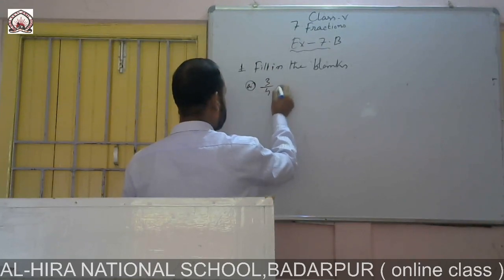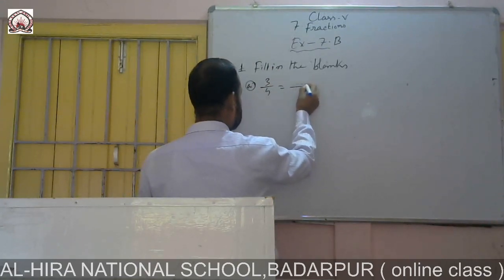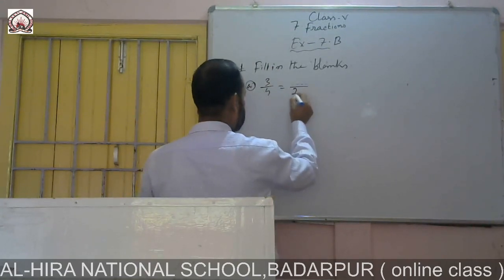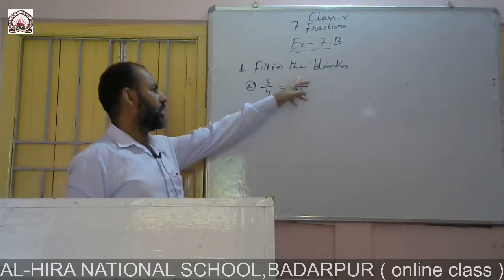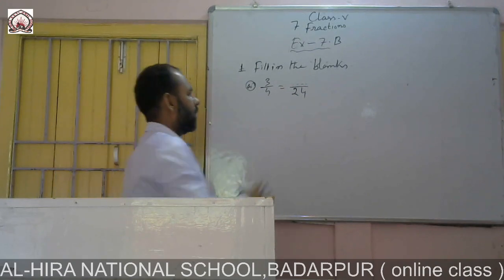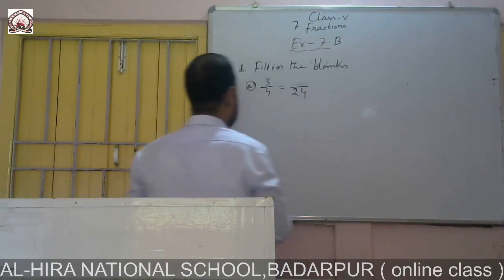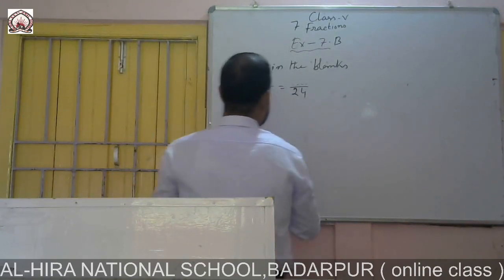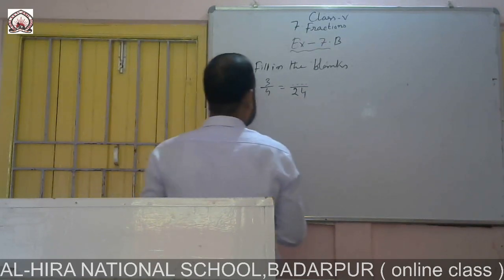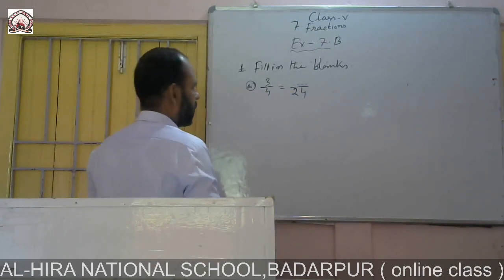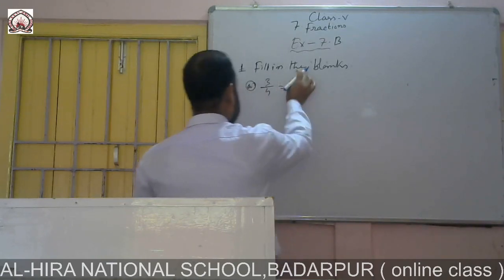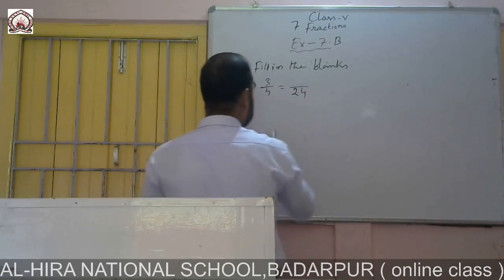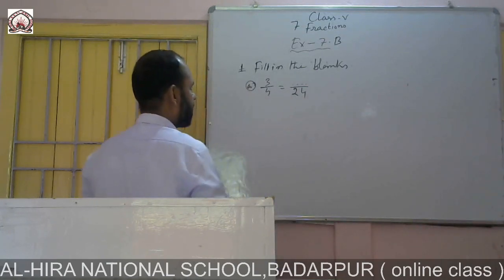3 by 4 equal to dash by 24. So we fill up this one, this numerator. So we know that both fractions, we write one numerator here to make both fractions equal.